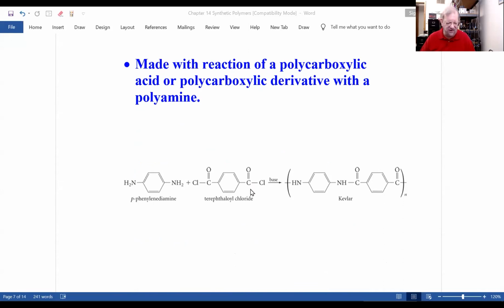Now this is called an acid chloride. We talked about it earlier for another reaction, but acid chlorides are like carboxylic acids, but much, much more reactive. So an amine plus a carboxylic acid derivative will form an amide. And you generate HCl, hydrochloric acid, which is why you have a base here. And you form, in this case, this polyamide. If you make fibers from this and weave them together, we use them in bulletproof vests. This is the structure of Kevlar.